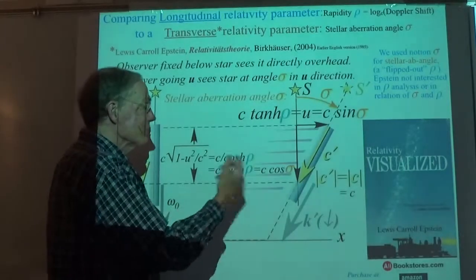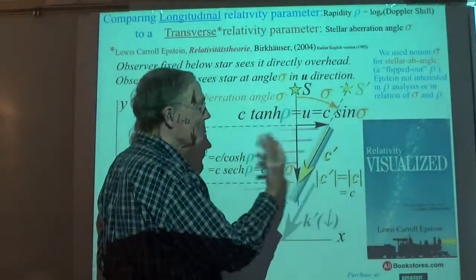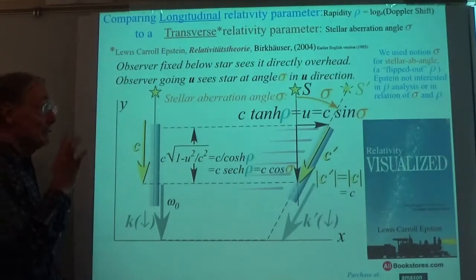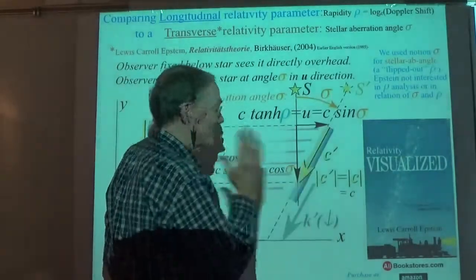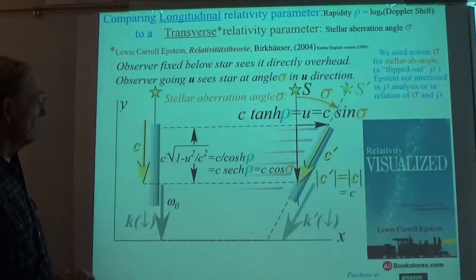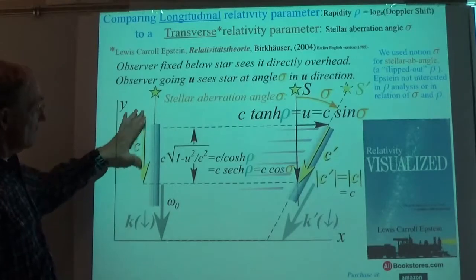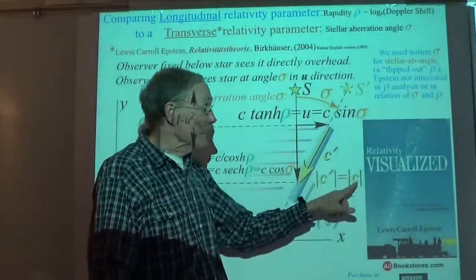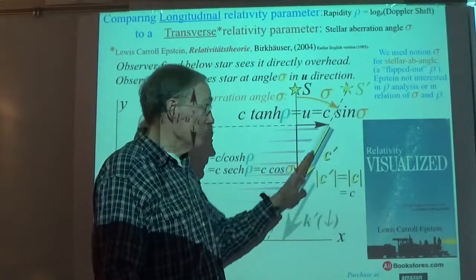Like in this case, the speed is pretty close to about half the speed of light. Now the speed of light is not going to change. The velocity vector is going to change. This is a c vector going straight down. You're going to get a c vector with a magnitude equal to c for this one.